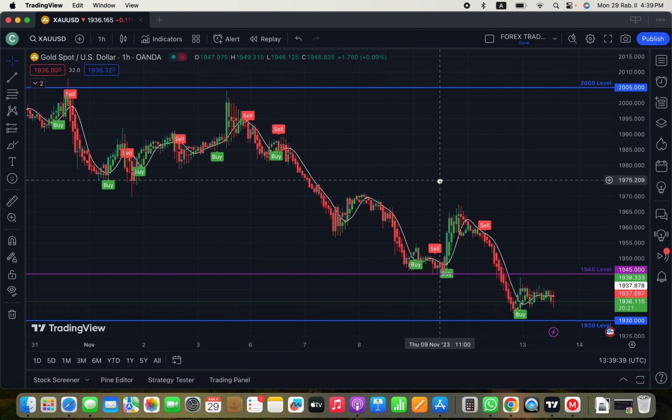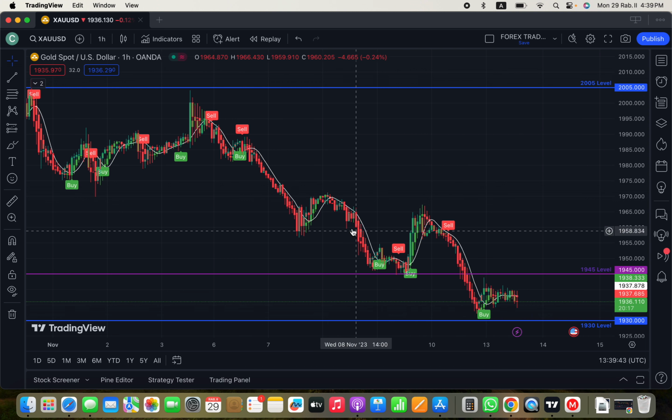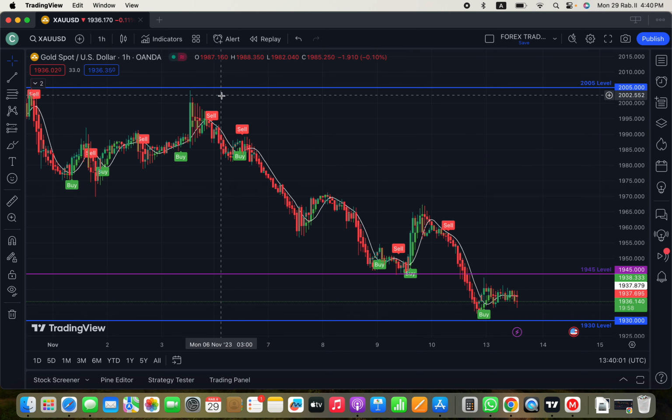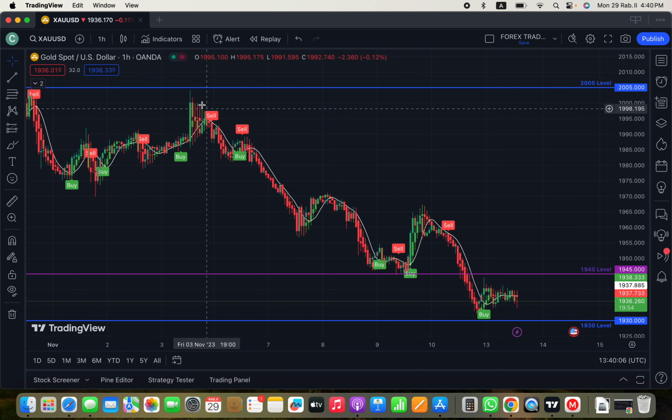So the strategy here is that you please kindly know that this strategy only works on a trending market, not a ranging market. What I mean by trending market is when the market is in sell most of the time or in buy most of the time. So as you can see, this is a sell trending market.